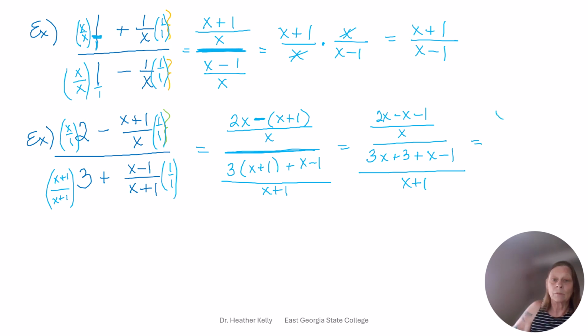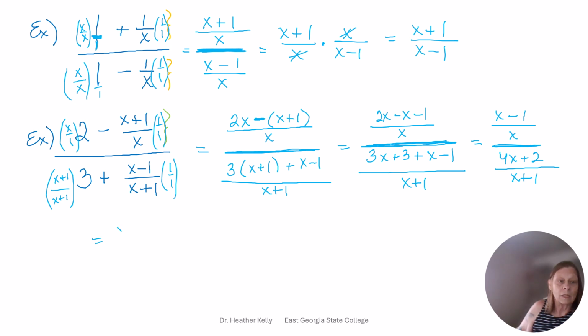So this becomes x minus 1 over x all over. And sometimes when I have these complex ones, I just like to darken that middle line up there a little bit. 3 plus 1 is 4x plus 2 over x plus 1.